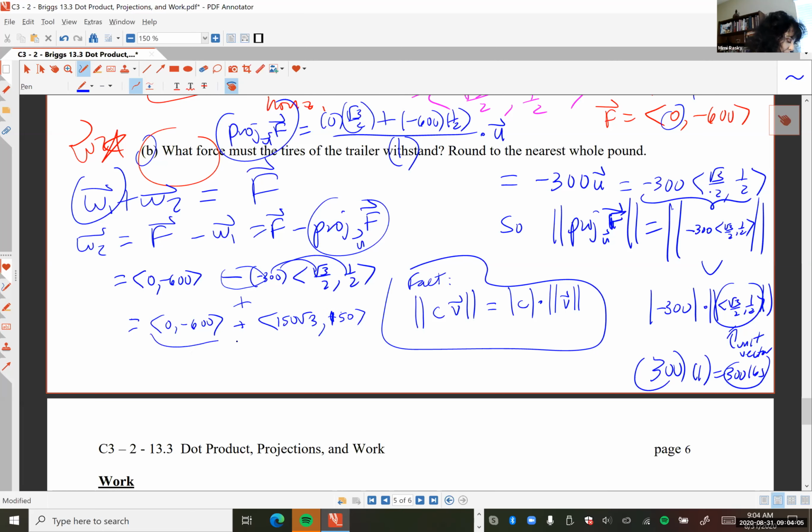And then add these two vectors together to get your W2.